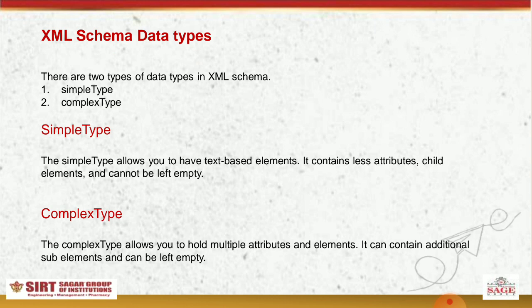XML schema data types are simple data types and complex data types. A simple type allows you to have a text-based element.